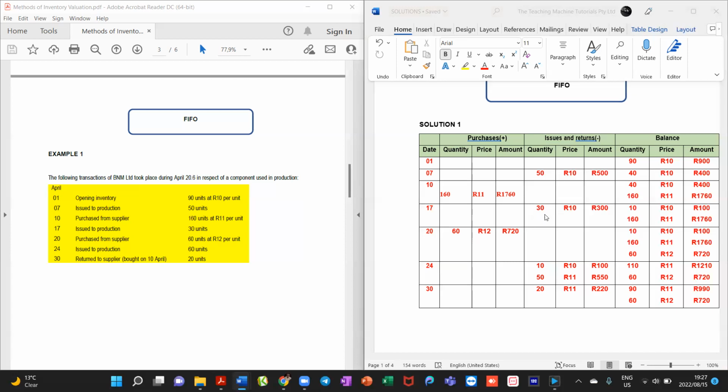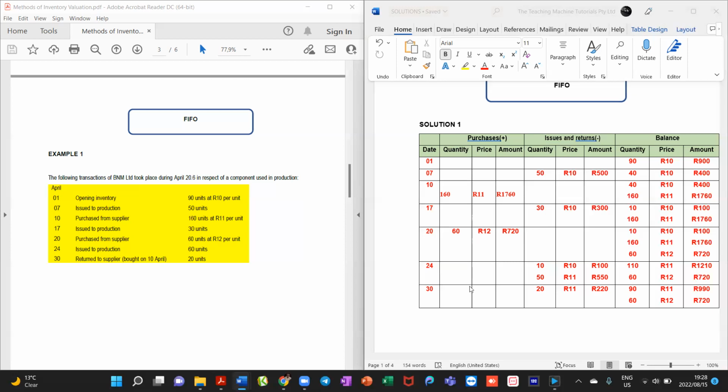We took 30 from 40 units, that's why we are left with 10. Between these two batches, the batch that consists of 40 units is old. So we took 30 from 40 and remained with 10. What about 160? 160 remained unchanged.